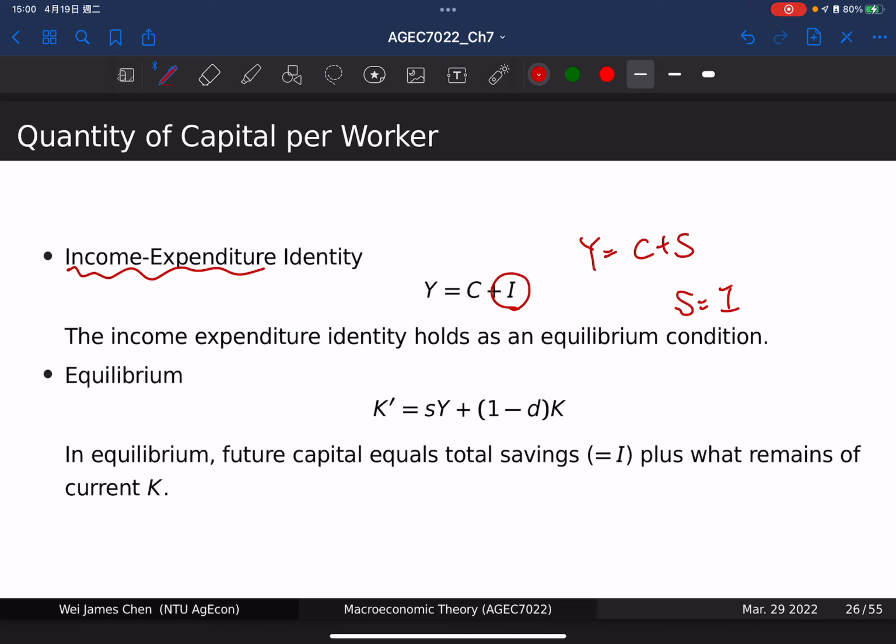Okay, so where does that investment come from? It is not just coming from nowhere, or coming from God or something. Those investments are from the consumers' saving. Those savings become investment. So saving becomes investment. That's the key.